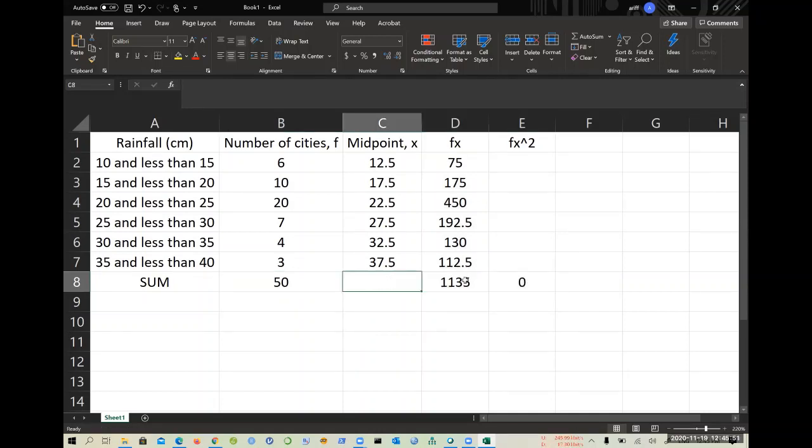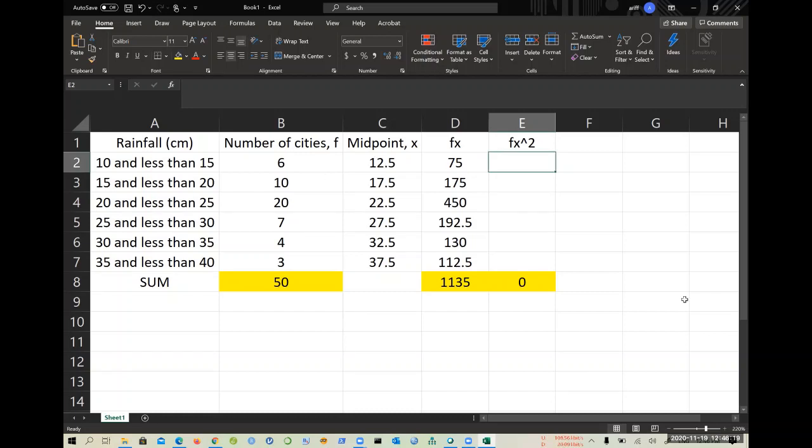Whenever you calculate the sum, I just highlight the sum over here. When you calculate the sum, you get the sum of fx is 1135, and then to find the value for fx squared, you just need to multiply f with x squared, or just simply multiply fx with x.